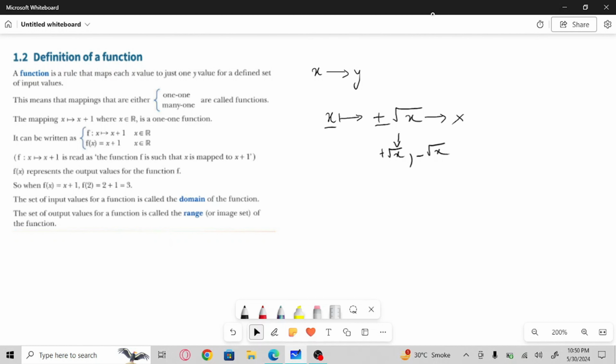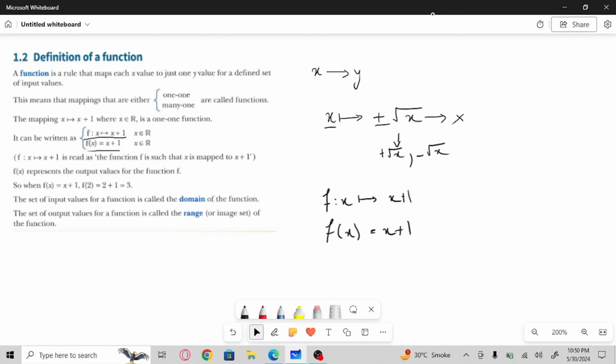Okay, so there are two basic forms in which functions can be written. Both are given here actually. So f: x is mapped to x plus 1. This is one form of function you can write, and f(x), function of x, is equal to x plus 1, and this is the second form.